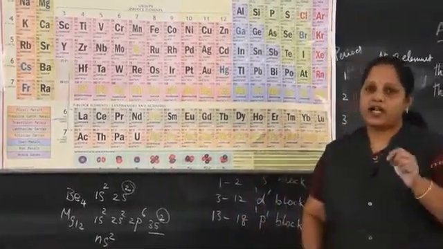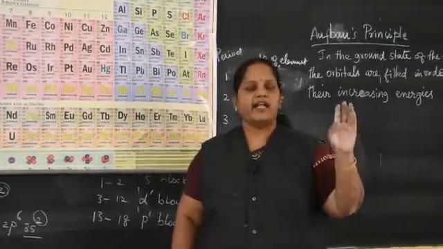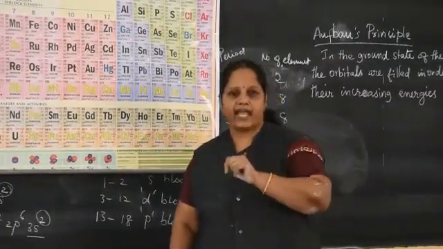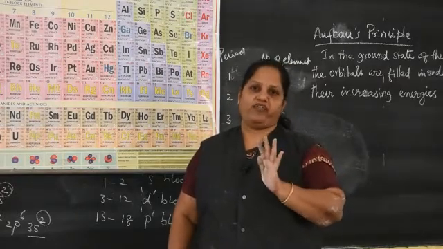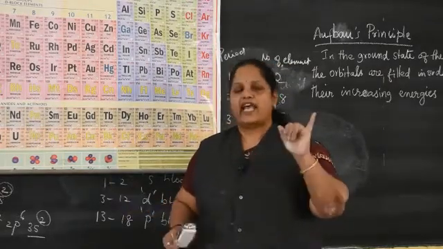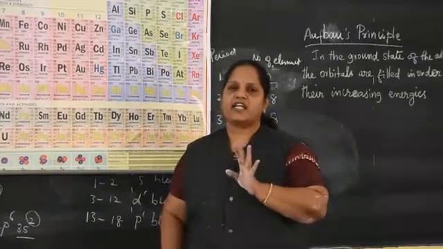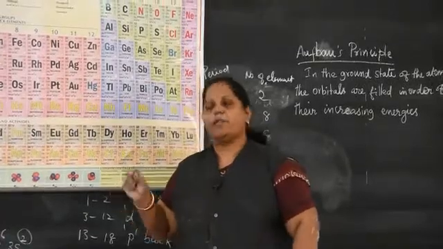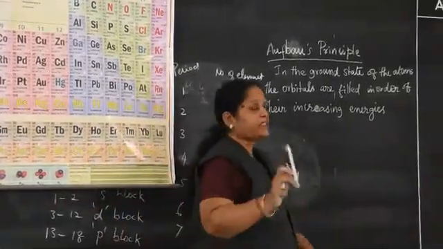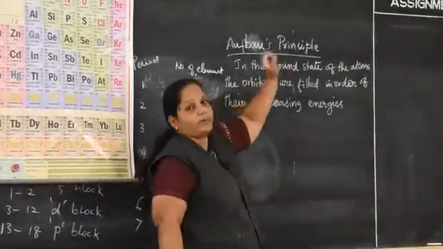What are the orbits? Orbits are K, L, M, N. What are orbitals? S, P, D, F. Okay, so S, P, D, F are called orbitals. In which, how will you fill the electrons? We do it by using the Aufbau principle.